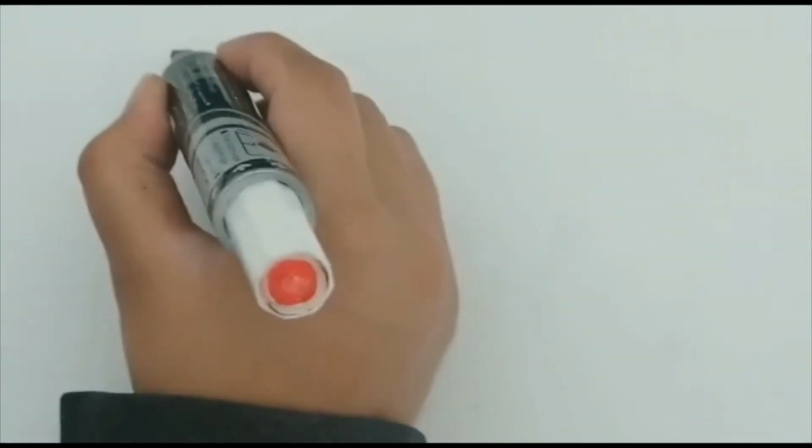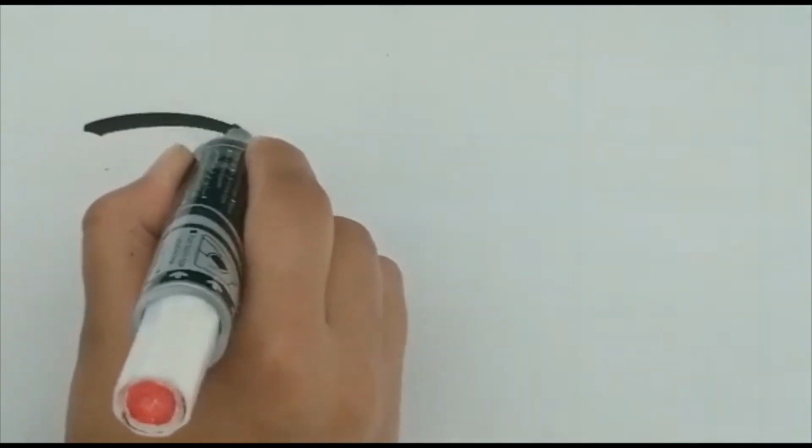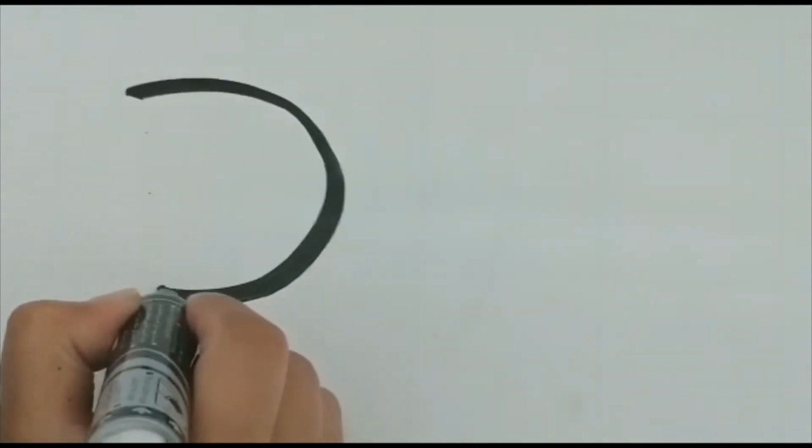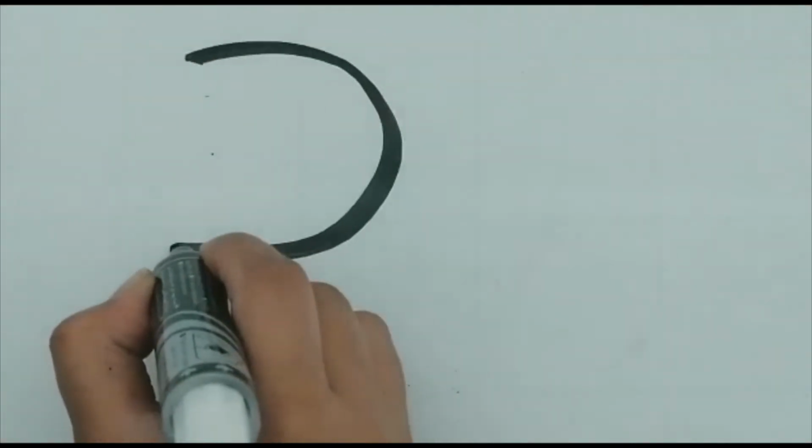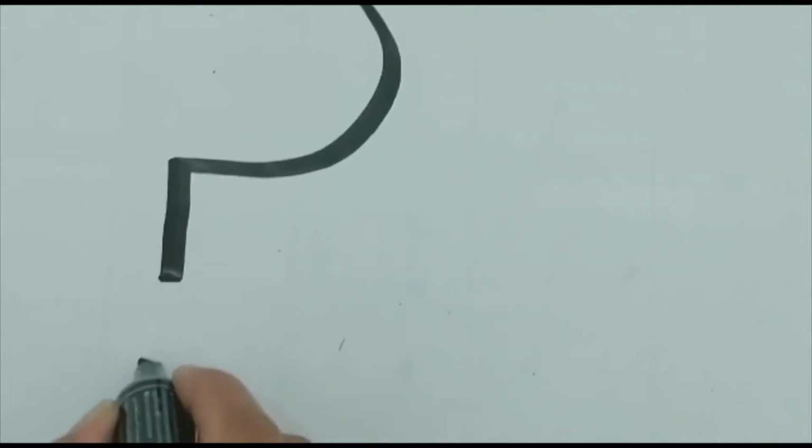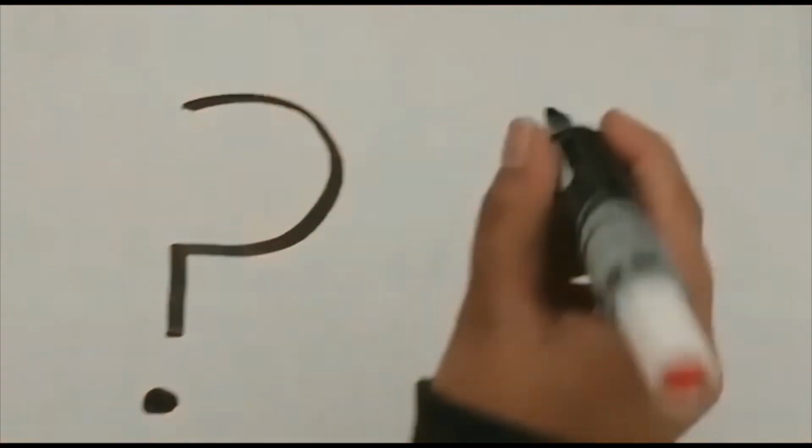Good. Now, let's learn how to draw a question mark. We're going to make a backward C. The C facing the wrong way. We're going to make a straight line down and a dot at the bottom, like a period at the bottom. Let's do it again.